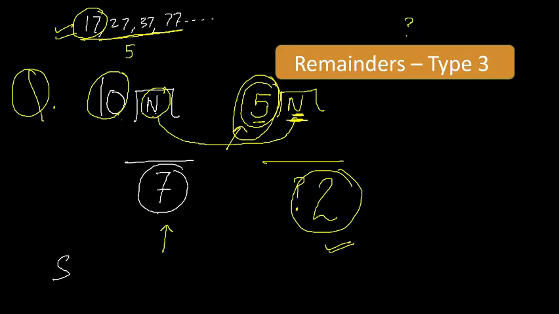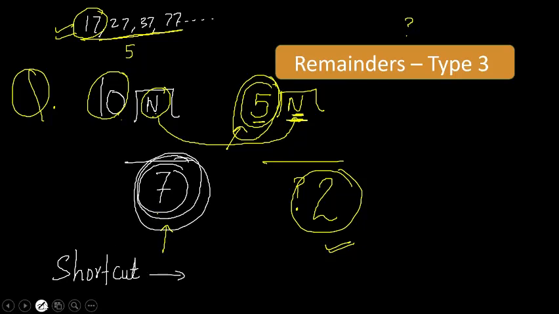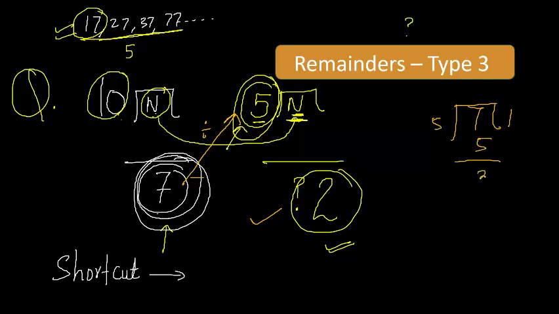If you get this question, what is the shortcut? Just divide the first remainder by the second divisor and find the remainder. Just divide 7 by 5 and find the remainder.